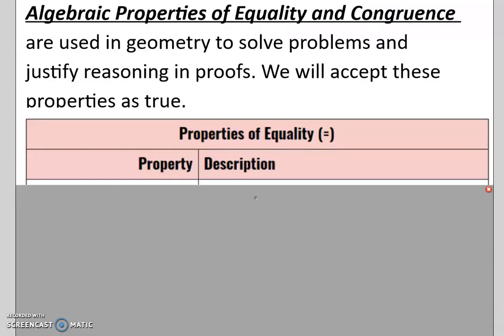So algebraic properties of equality and congruence, they are used everywhere in geometry to solve problems and justify reasoning in proofs. We will be proving in the next few sections of chapter 2, and in order to prove something, you need to be able to back up your statements. You know, you can't just say, a triangle has 3 sides.